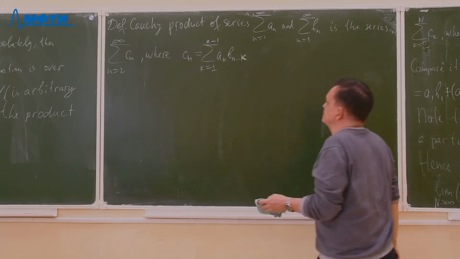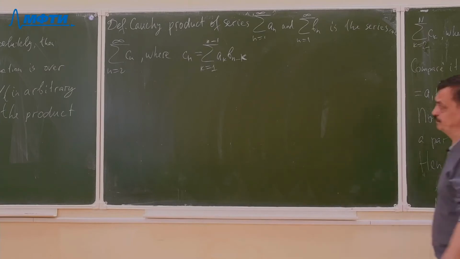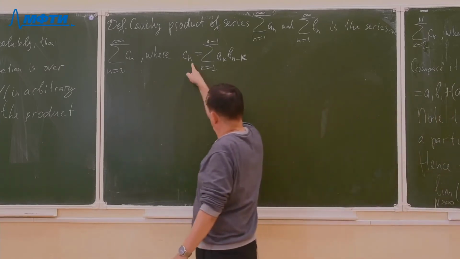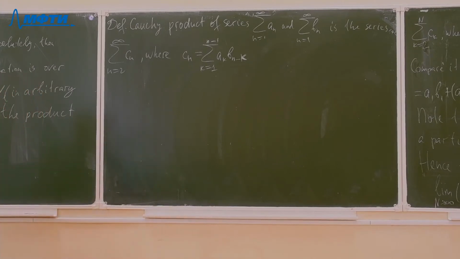So the sum of indices is always equal to n. Okay. So that is the definition of Cauchy product.